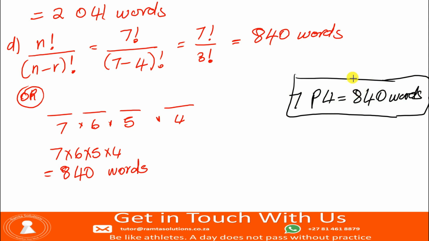So this is it, guys. This is how you do it, when you have n objects and taking them r at a time. Okay, so you will get this question a lot. Please make sure that you ace it in your examinations.